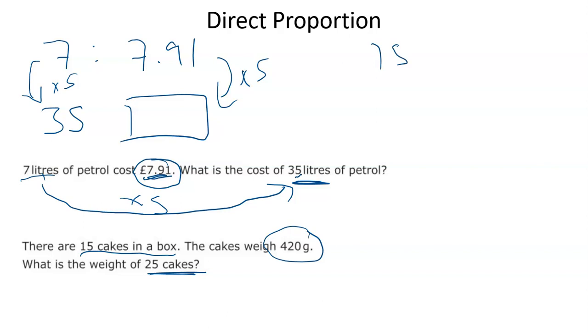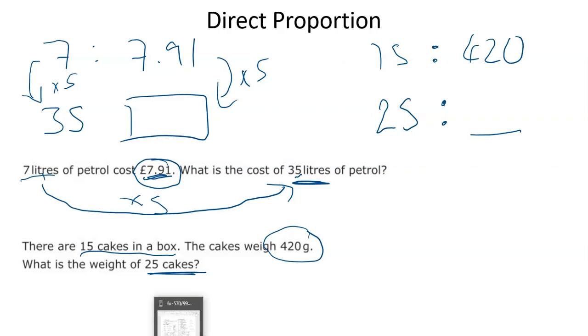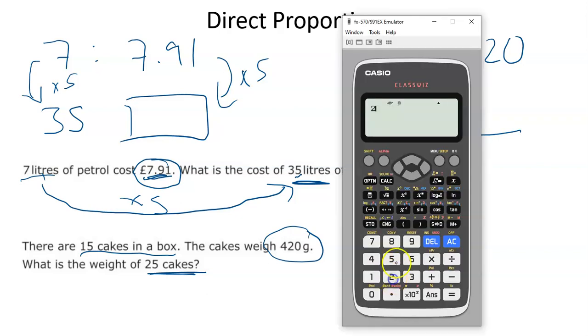So 15 cakes goes with, and I'm going to do it as a ratio, even though it's not really a ratio, 420 grams. And the 15 is becoming 25, and we want to know what that number is. So we say, well, what do we times 15 by to get 25? Get a calculator or in your head, what is 25 divided by 15?